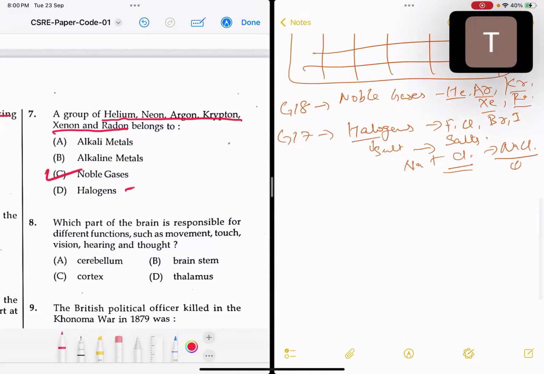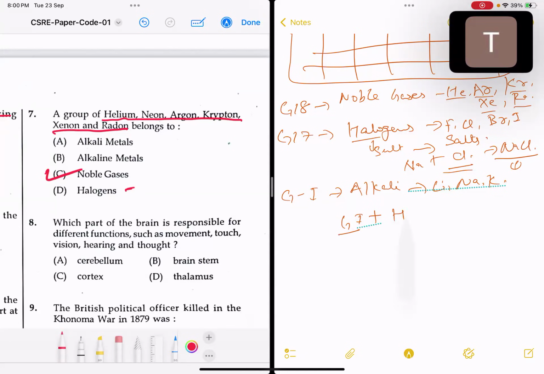Now group 1 elements are known as alkali metals. These include lithium, sodium, and potassium. Why are they known as alkali?